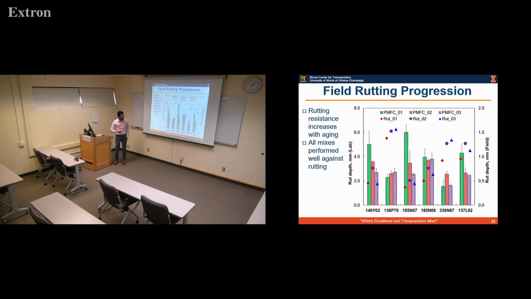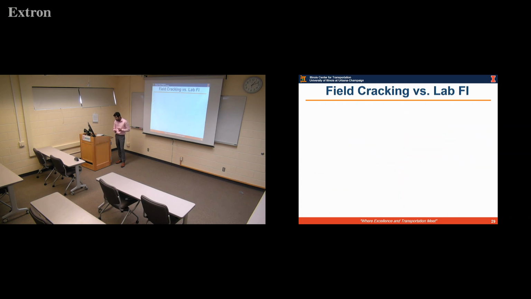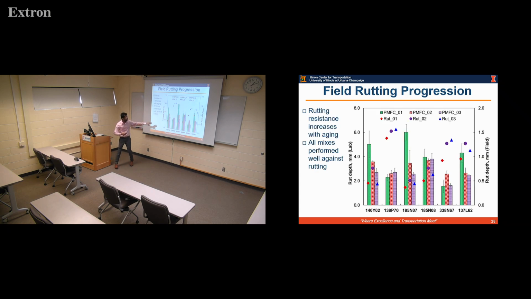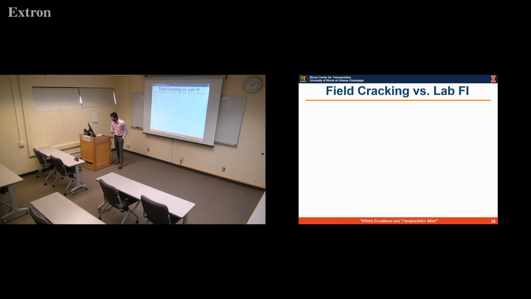However, in some of the cases, we saw that in the third year there was a slight dip in the field rutting values, which may be attributed to where these measurements were taken. But in general, we saw that the rutting values for the lab compacted samples of the field cores were decreasing, and the field values were increasing.